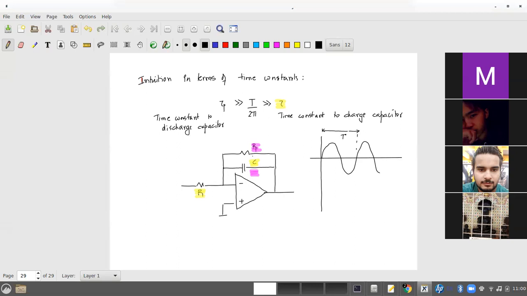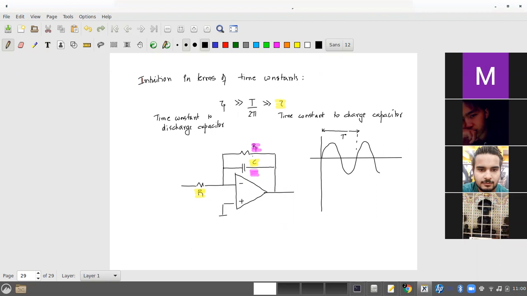So what this relationship tells you is that the time to charge the capacitor has to be significantly smaller than the time period of your circuit. Then you will have integration. At the same time, the time to discharge the capacitor has to be much larger than the time period of your circuit.